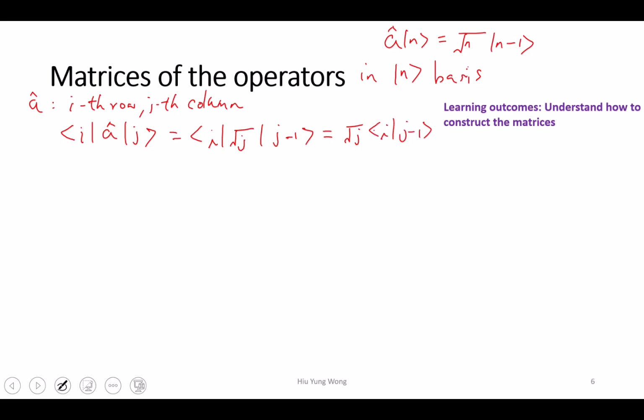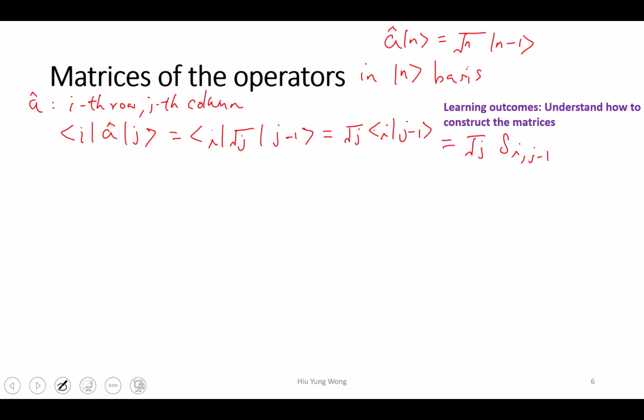But these are the eigenbases. What are the possible values? They should be orthonormal to each other, right? So this needs to equal square root j times delta i, j minus 1. Only when i equals j minus 1 would I get 1. Otherwise, it would be 0.